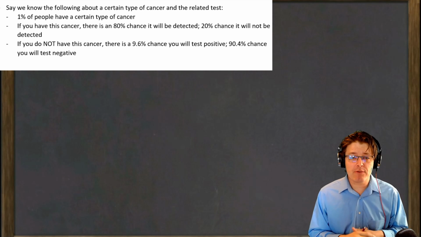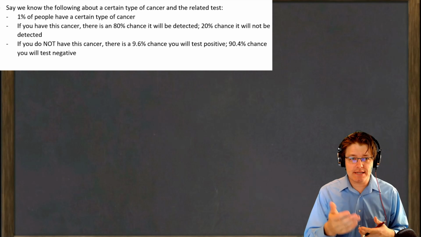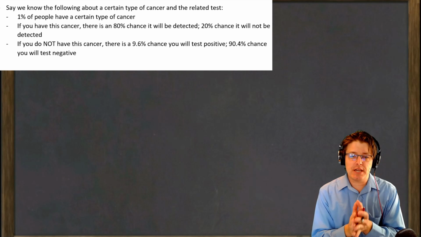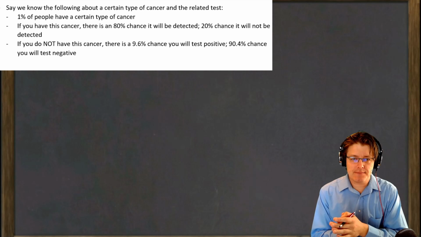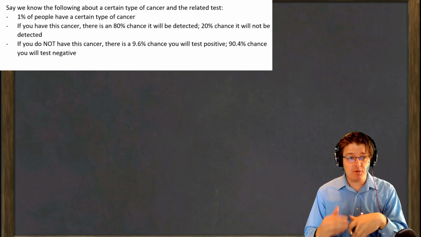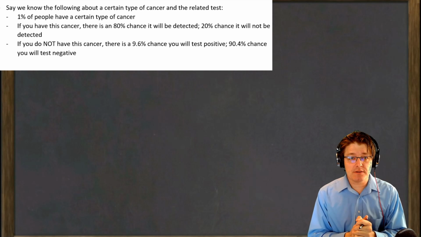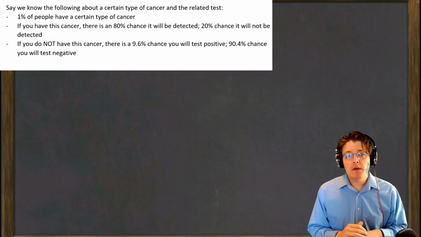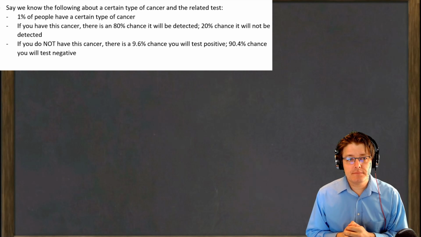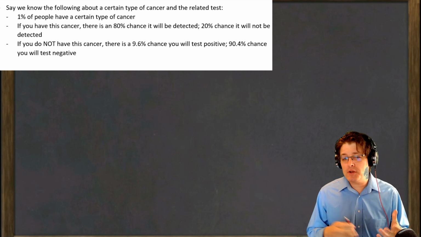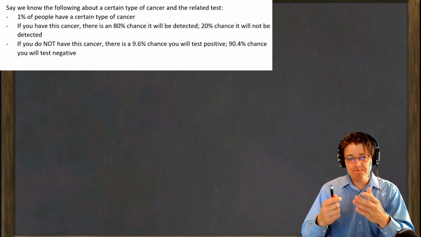But it's not rare for an initial test to have something like we outline here, where if you have this cancer, there's an 80% chance that it'll be detected by a test. That means 20% won't be detected. And then the other side of it is if you don't have this cancer, there's a certain chance that you will still test positive. Here I have listed a 9.6% chance. So even if you don't have it, you might still test positive.